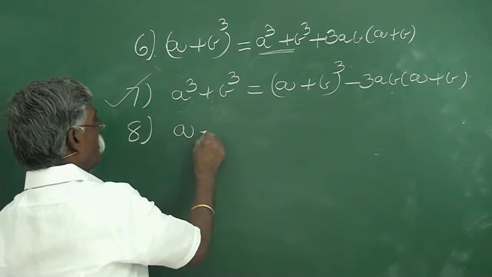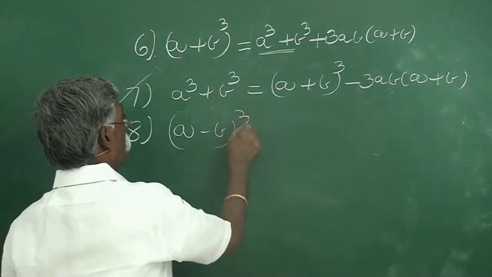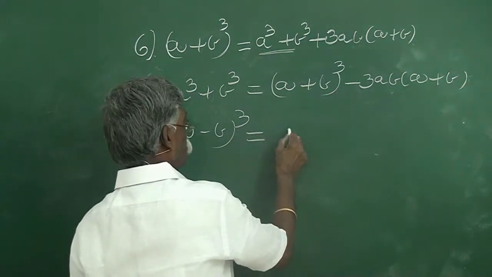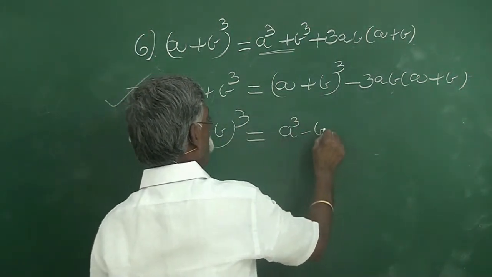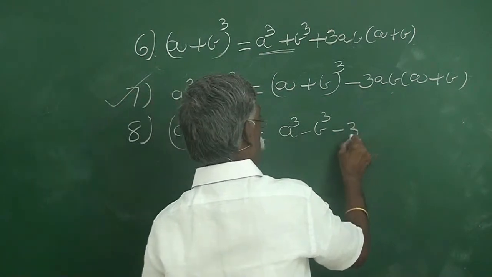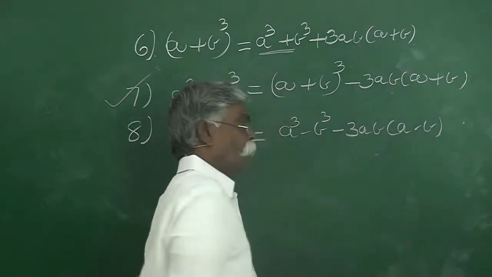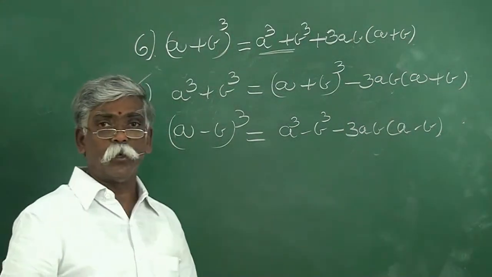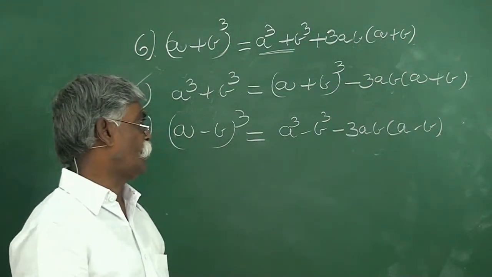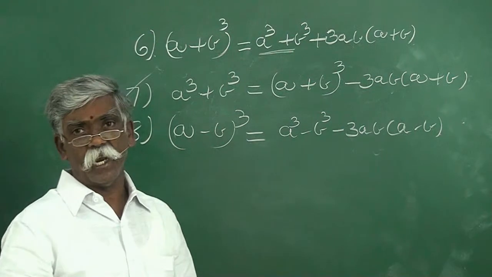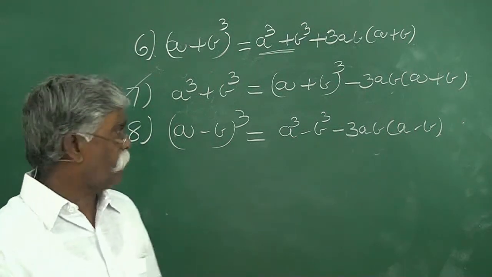Now a minus b whole cube is equal to a cube minus b cube minus 3ab into a minus b.